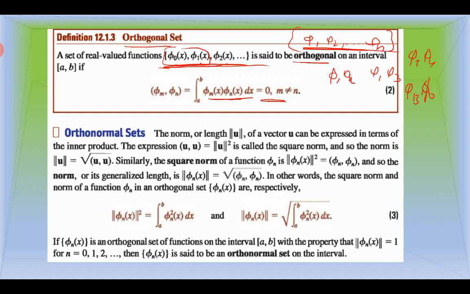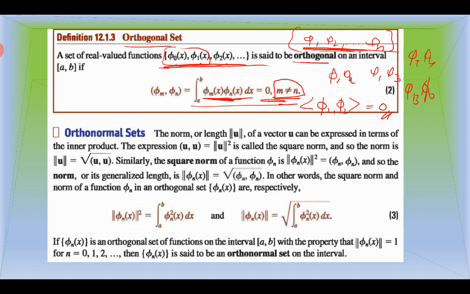The inner product, that is the integration of the product of those two functions, should be 0. If it is 0, then it is true for any two. That is why it is called m not equal to n, phi m, phi n, isn't it? Two different functions are chosen, and if the inner product is 0, then the entire set is called an orthogonal set.